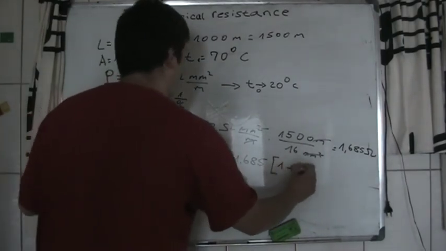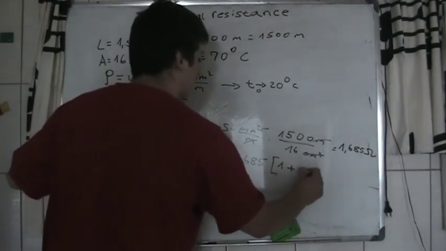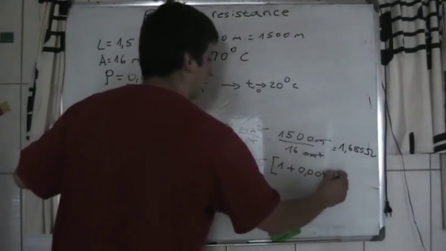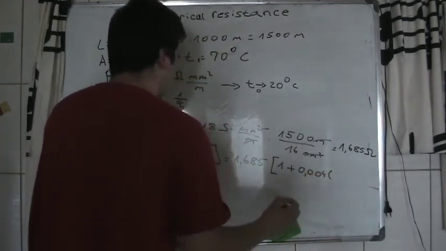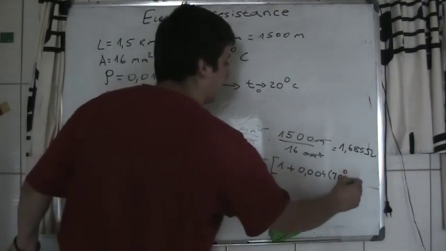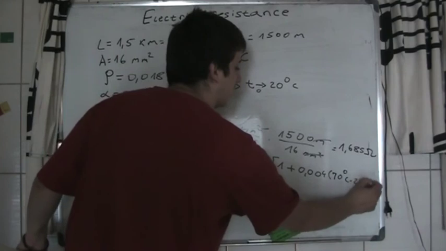So 1 plus 0.004 per degree Celsius times 70 degrees Celsius minus 20 degrees Celsius.